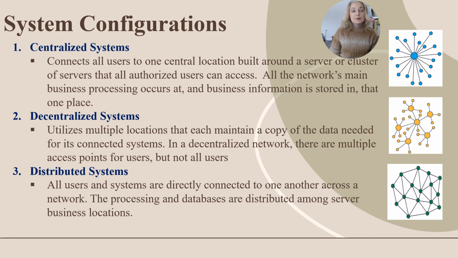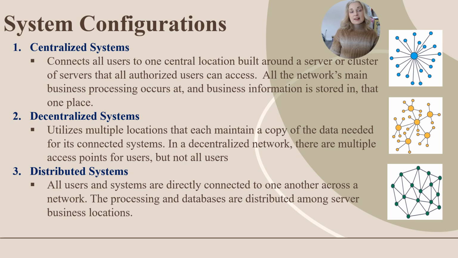So there's different ways to configure systems, and there's obviously benefits and disadvantages of each. And the 3 ways that organizations can configure their systems include having centralized systems, decentralized systems, or distributed systems.